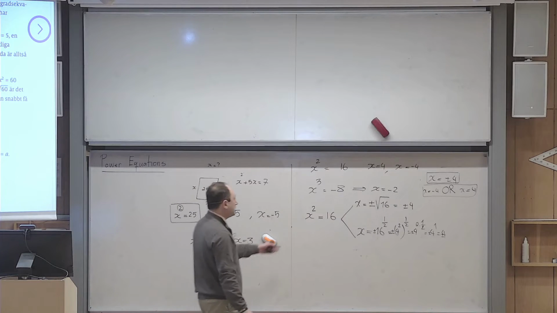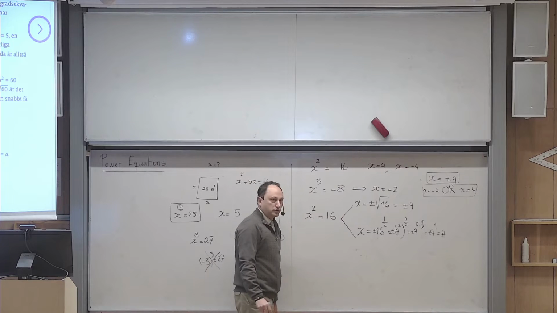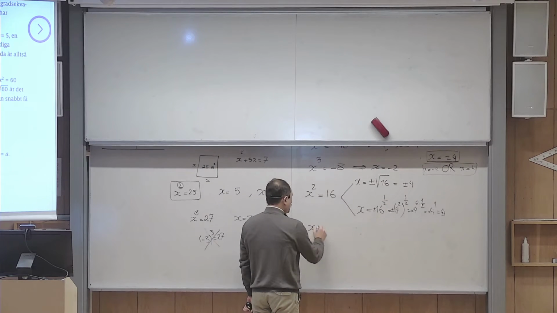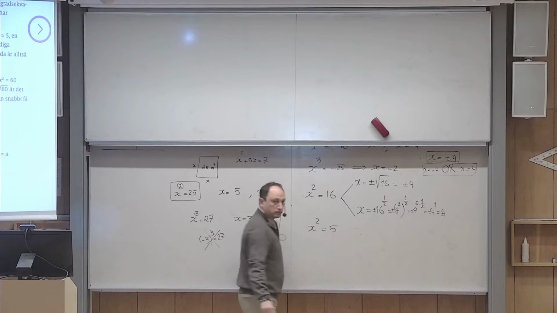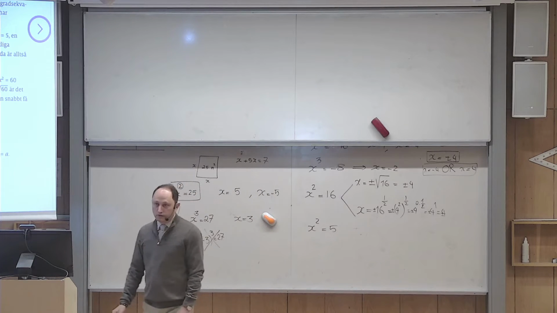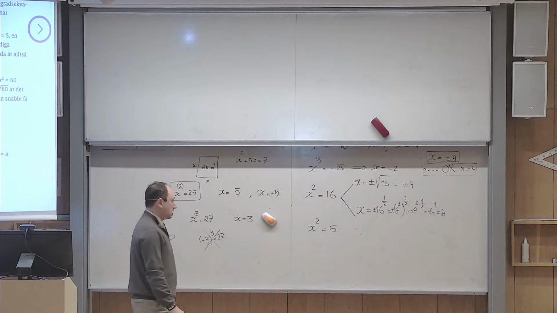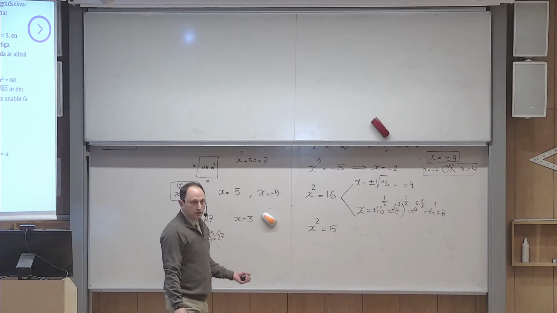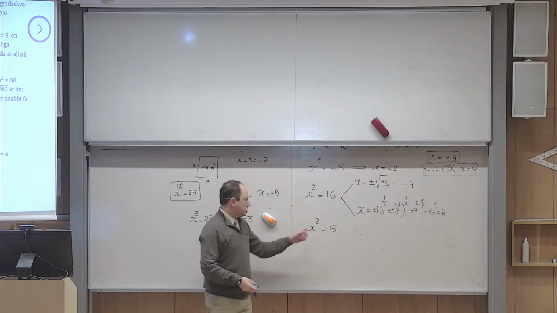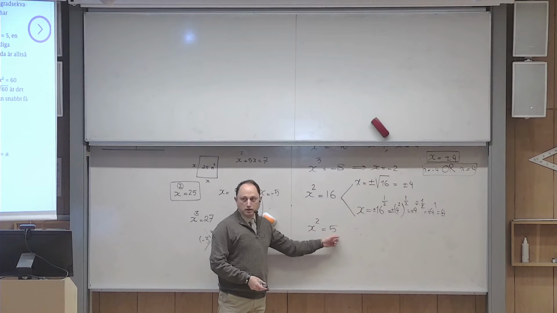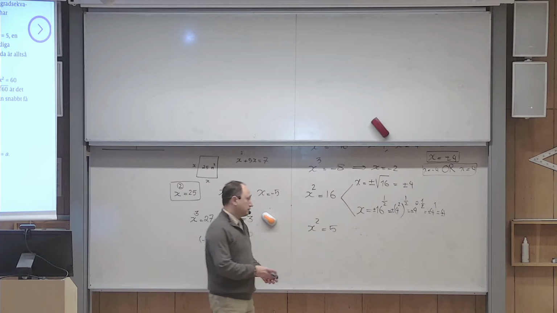What happens if I do not have a friendly number on the right? For example, if I say x to the power of 2 is 5, and I ask you to solve this. How many answers do you have? Definitely 2, because the power is even and on the right-hand side I have a positive number.